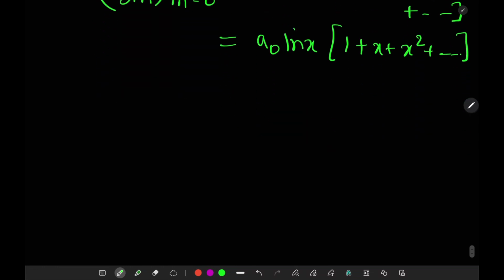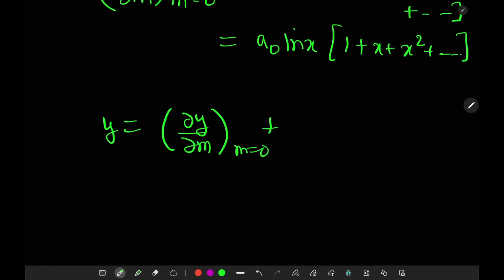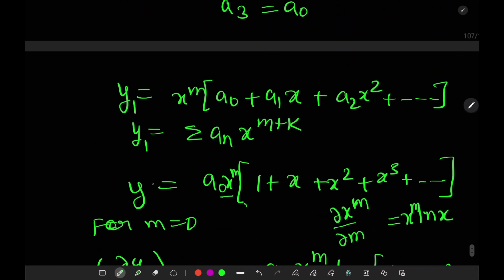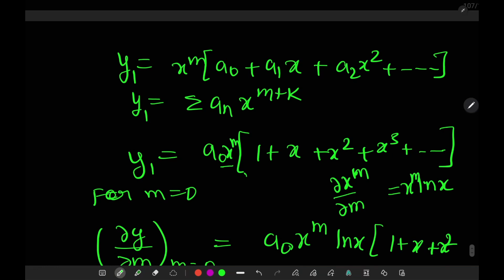Now we can write y is equal to del y over del m at m equal to 0 plus y1. This is y1. The value of y1 is equal to a naught into 1 plus x square up to so on.